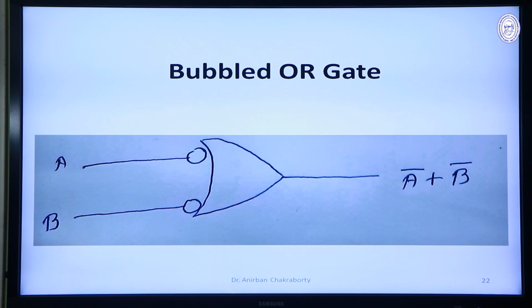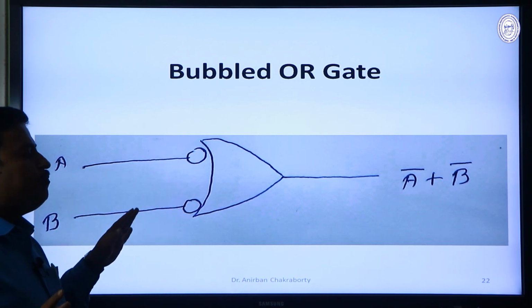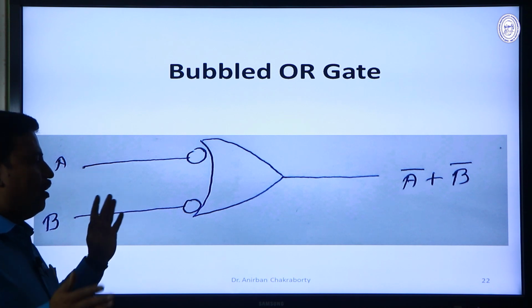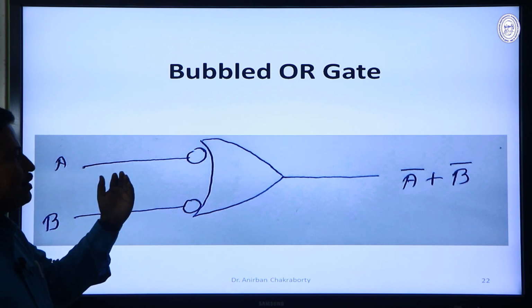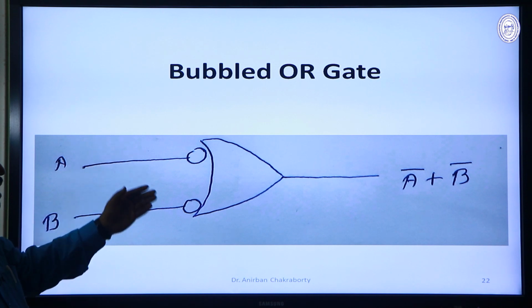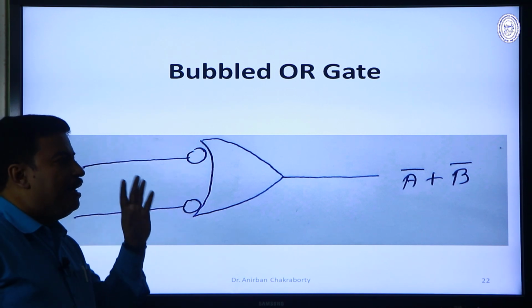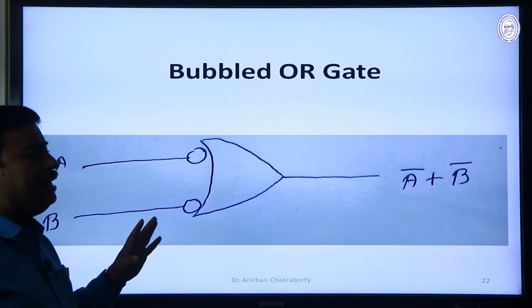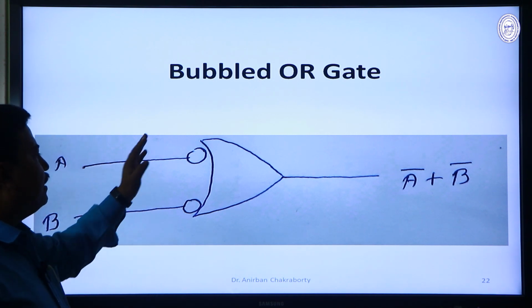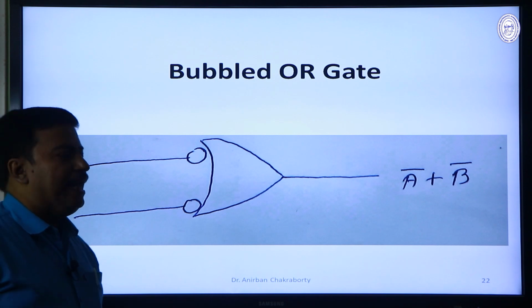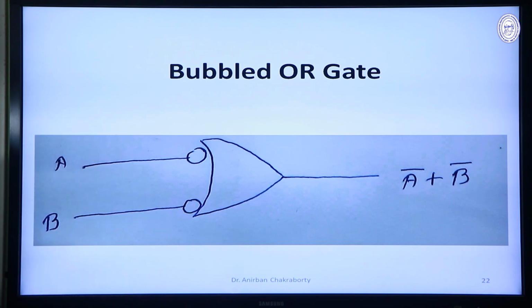It would look like this, and this is known as a bubbled OR gate. So De Morgan's first law's left hand side is the NAND gate, and the right hand side is the bubbled OR gate. Means these two gates work in a symmetrical way, so I can replace either one with the other.